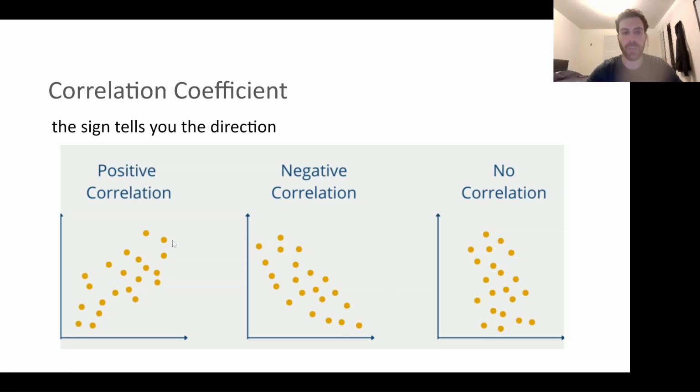As x increases, y increases, therefore the correlation coefficient is going to be positive. In this case, the inverse is true. As x increases, y decreases, right? They move in opposite directions. So there's a negative correlation.